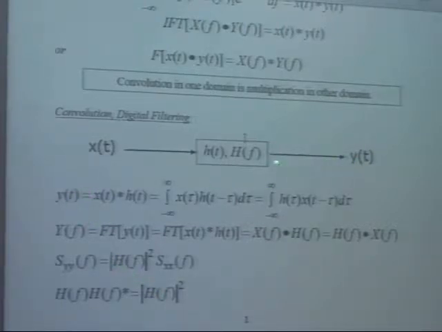So this output is Y. This is input, and capital H is telling you the system expression, the transfer function, simply speaking. So Y is equal to X of t convolved with H. Have you seen this before?